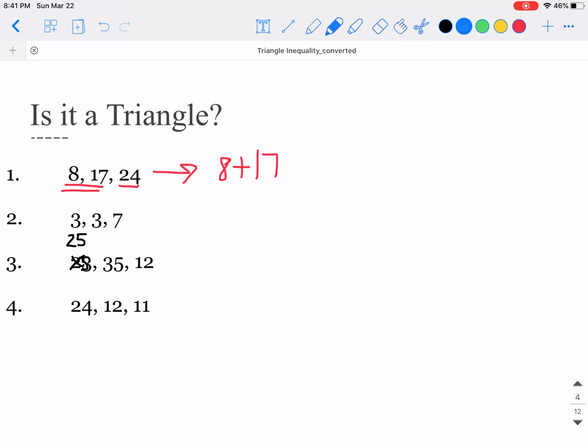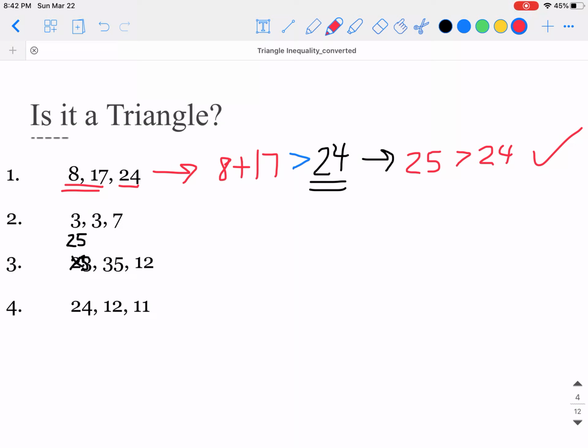Must be larger than, so we're going to use the greater than symbol. And the largest side of our triangle is 24. So you always want to have the largest side of your triangle all the way on the right side of your inequality. When we simplify, 8 plus 17 gives us 25. 25 is greater than 24. So these numbers form a triangle. So this one is a triangle.